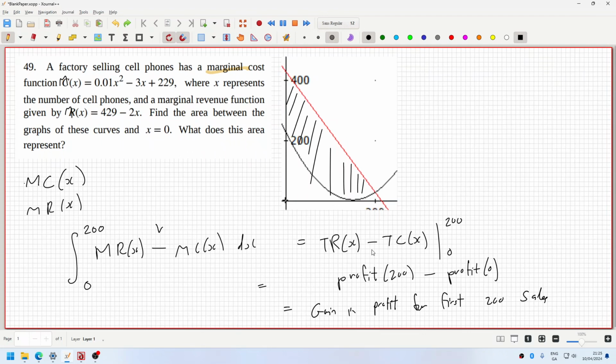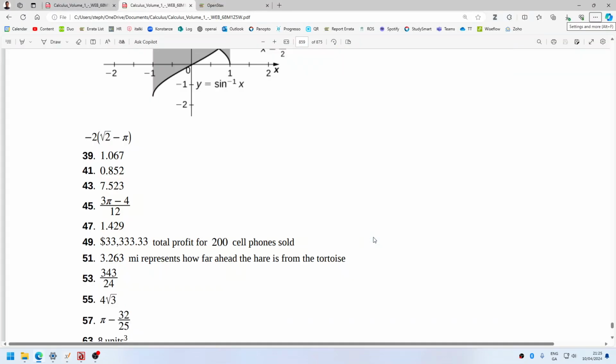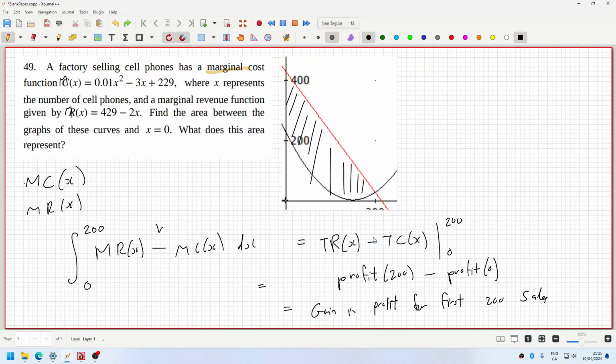Find the area. Okay, I never actually calculated the area. Yeah, I guess that's okay. I guess so. It's the first 200 phones you sell.